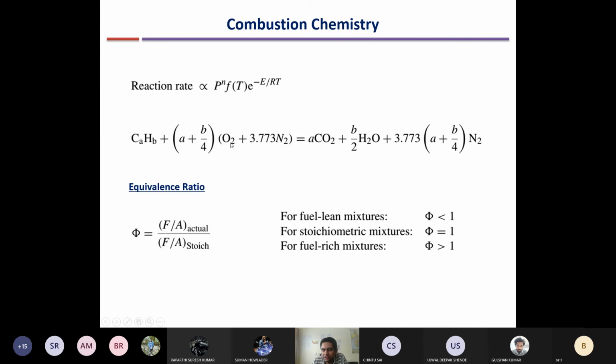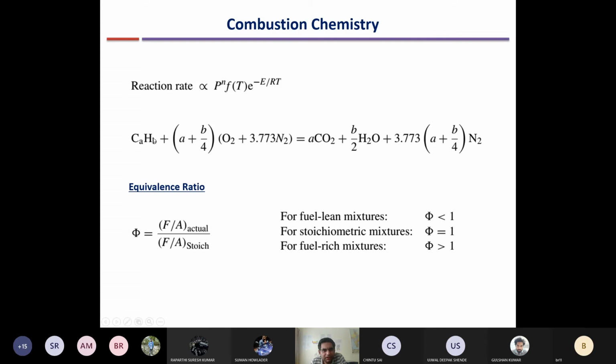Because this is in the denominator. At low temperature you cannot sustain the reaction. That's why in the initial part, a very high temperature at stoichiometric ratio is needed to sustain the reaction. Then you can dilute the mixture once the primary reaction has occurred.